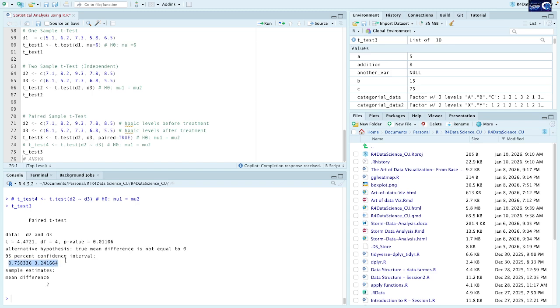So these are the parameters. Can anyone interpret this paired t-test? Feel free to unmute and say.